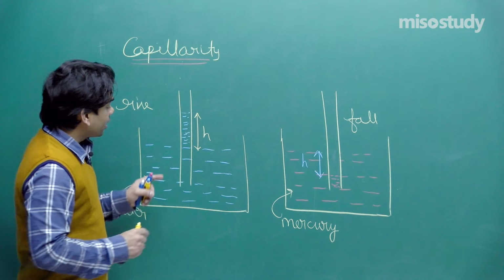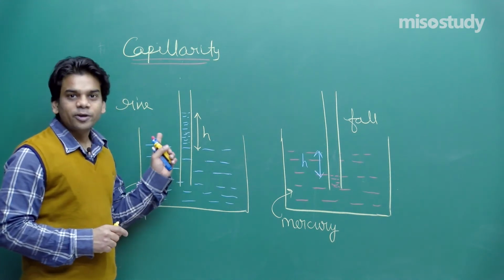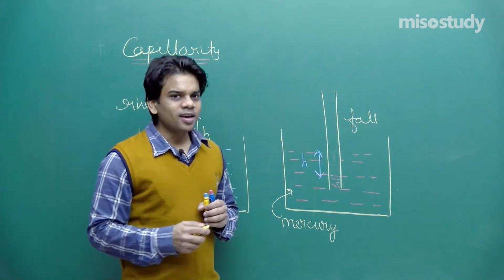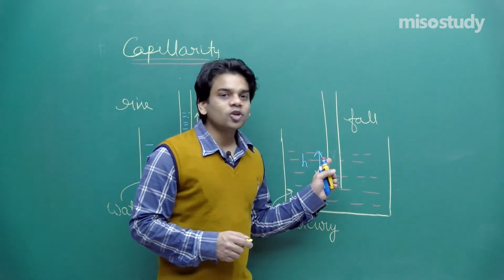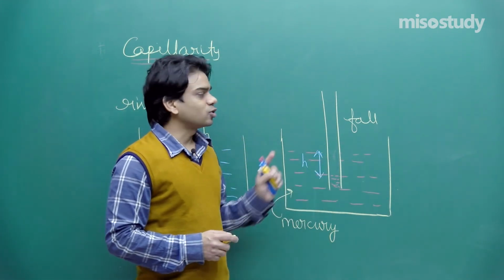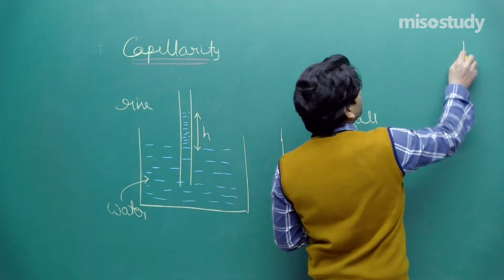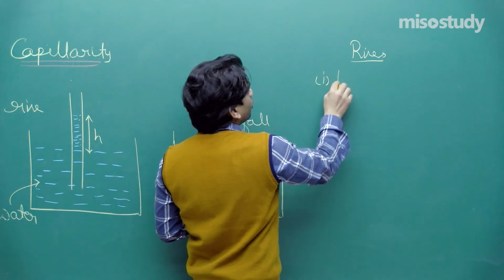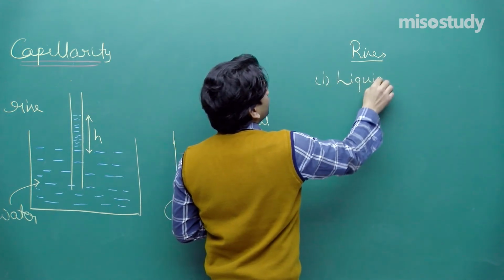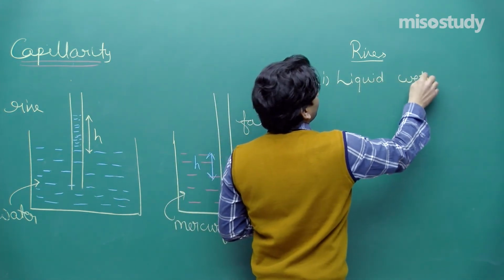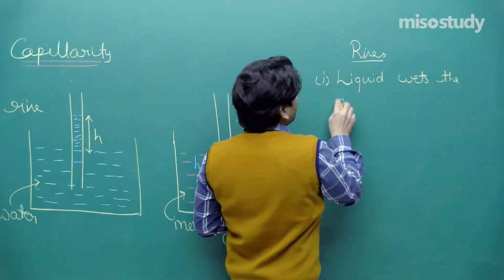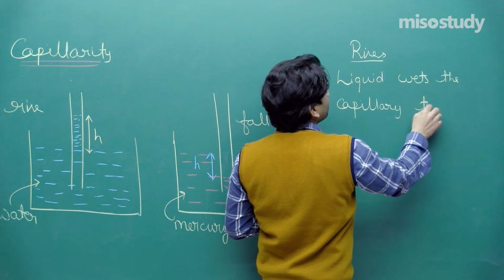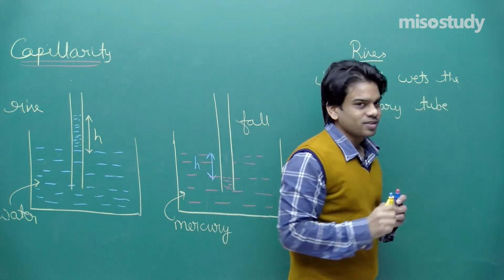Let me tell you, if the liquid is going to wet the capillary tube, then it is going to rise. I will write the property separately: in the second case, the liquid is not going to wet the glass tube. So first, when it rises, the liquid wets the capillary tube, and it rises based upon the cohesive and adhesive forces.